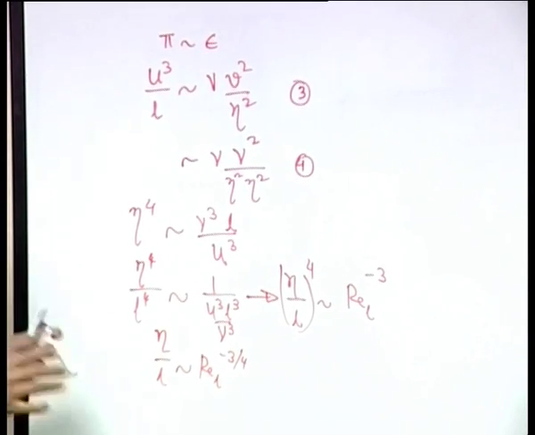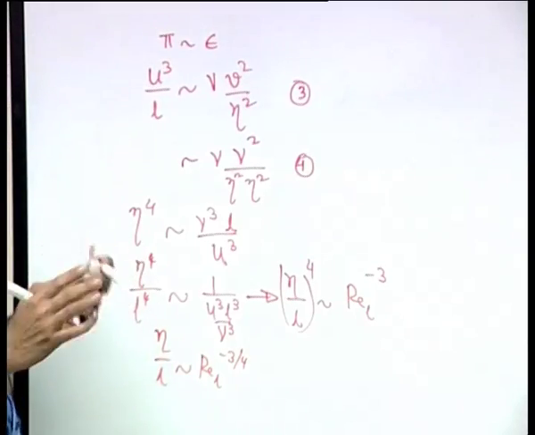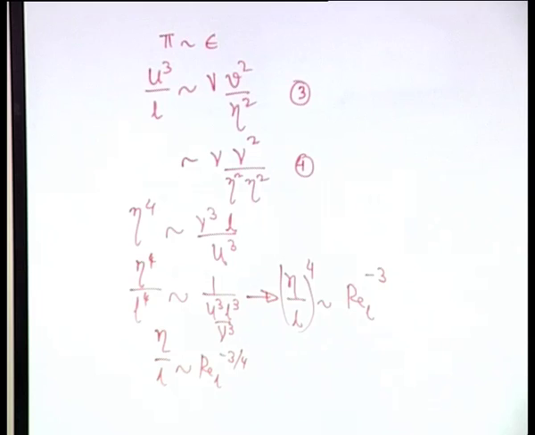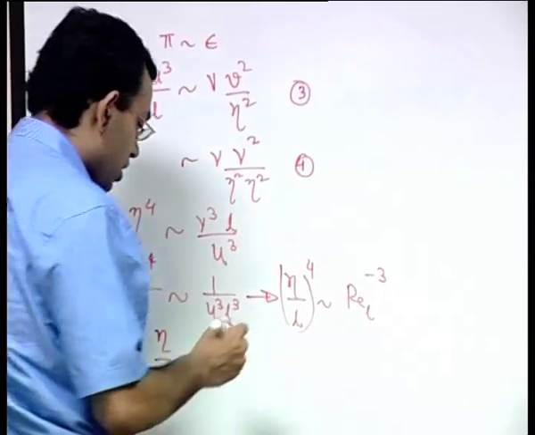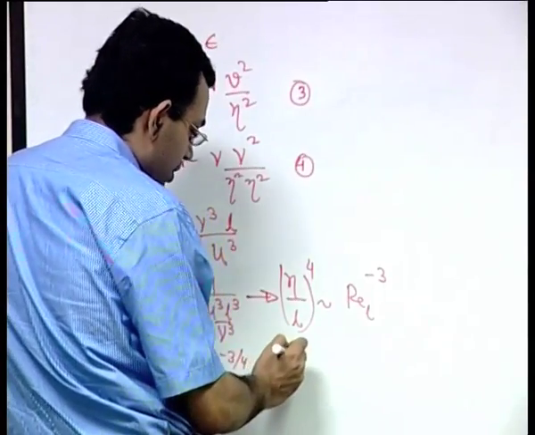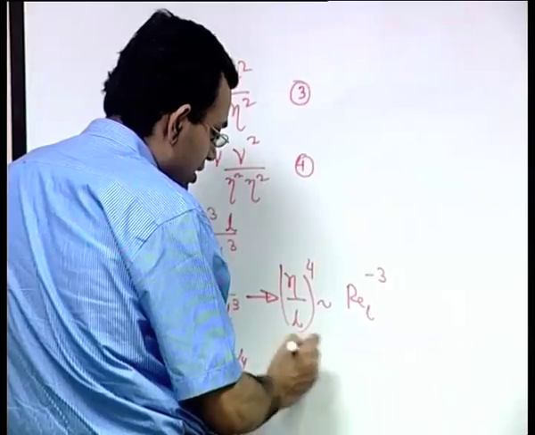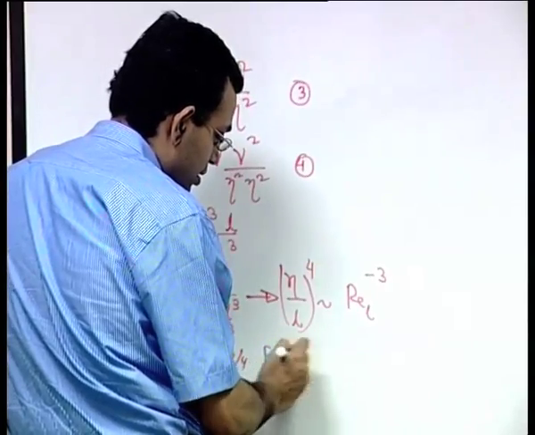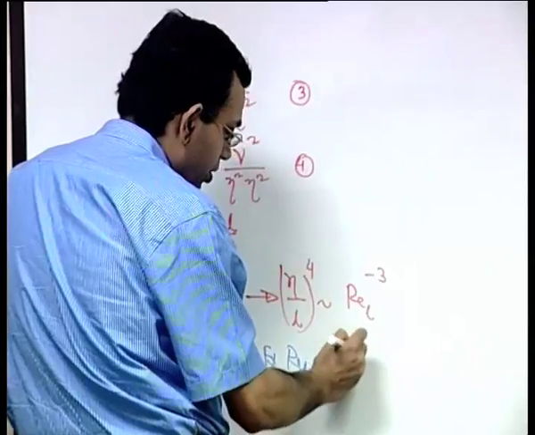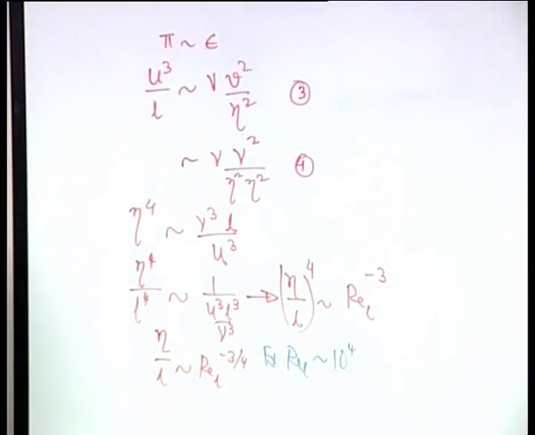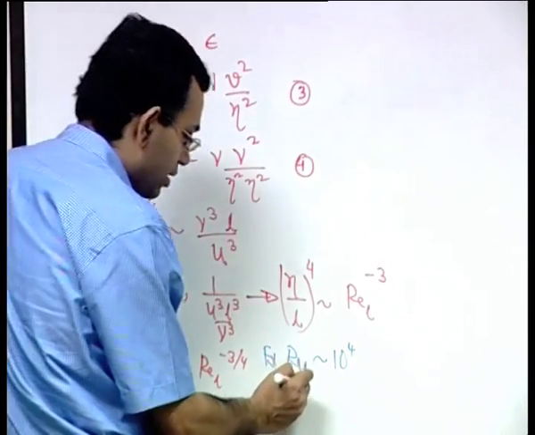So now let us try to have a feel of what we actually mean by a wide range of length scales. Let us take an example, say Reynolds number of the order of 10 to the power 4. Then what is eta by L?